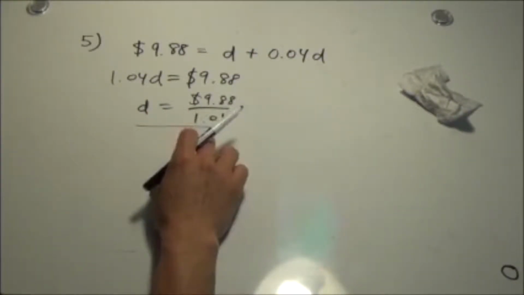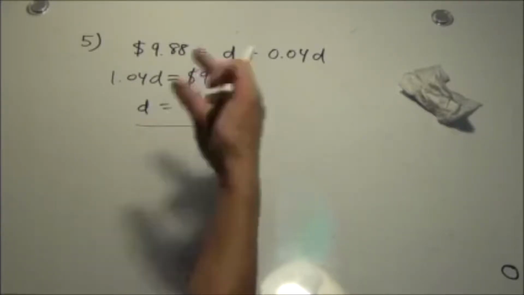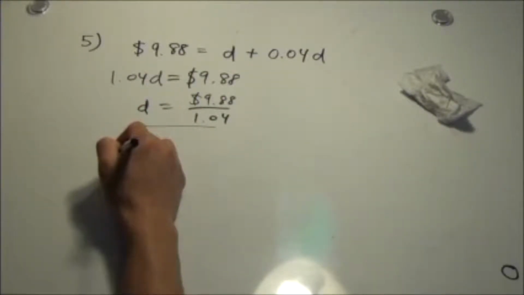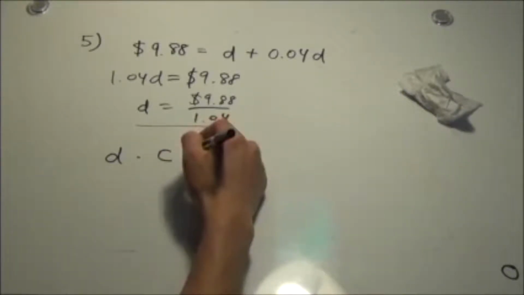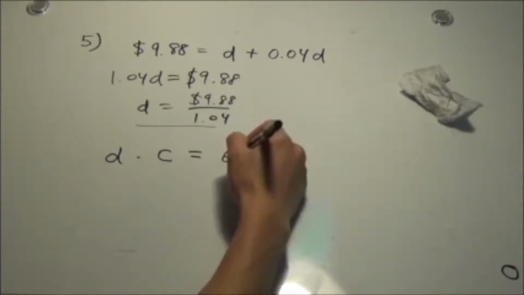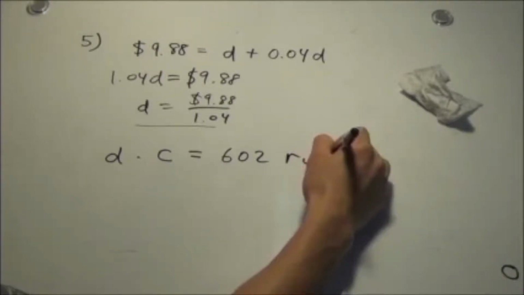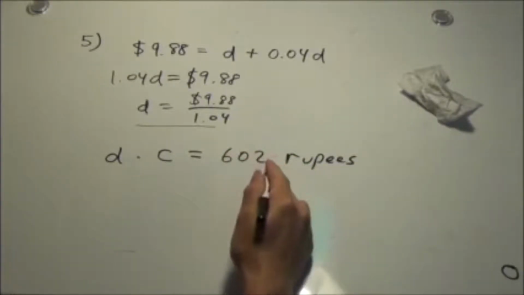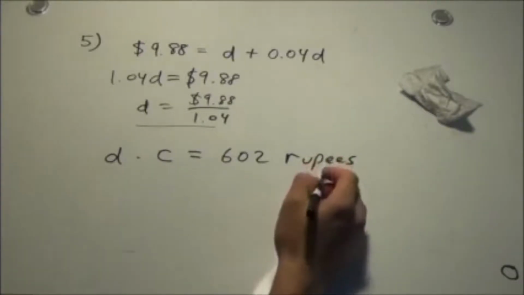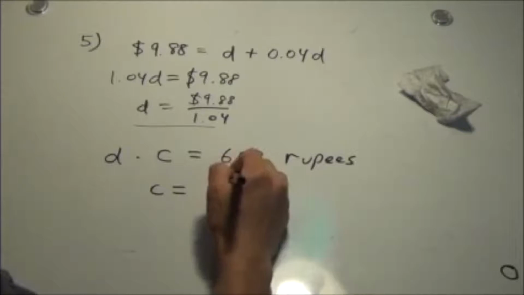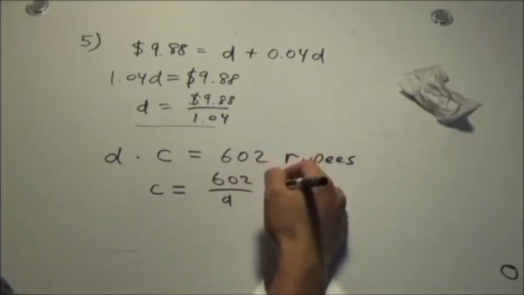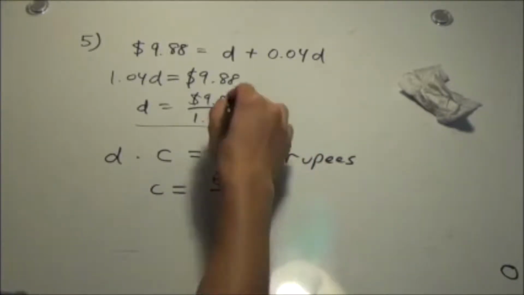But we know that then we can convert this into rupees, right? So let's say D times the conversion rate, let's say C, is 602 rupees, because that's how much she actually paid for her purchase. Then we can solve for the conversion rate that the problem asks for by doing 602 over D, where we solve for D up here.